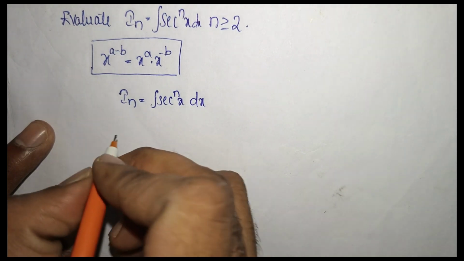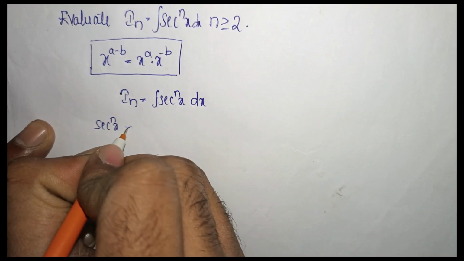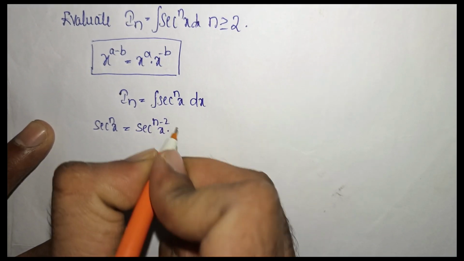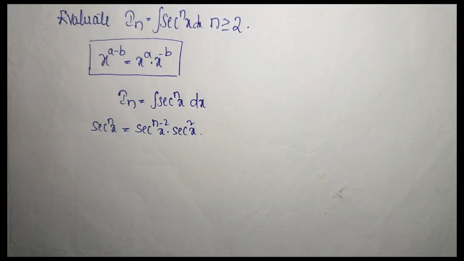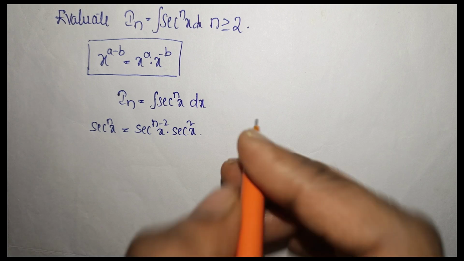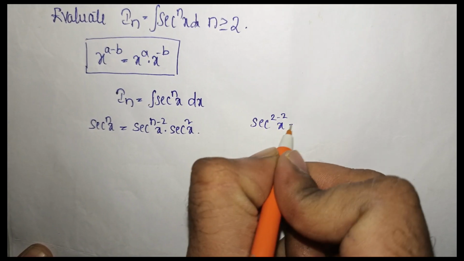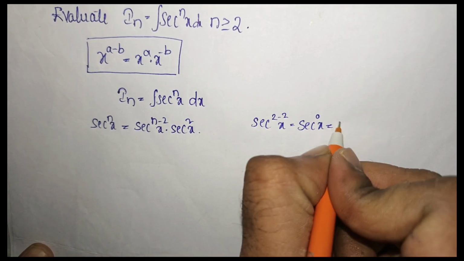So secant to the power of n x can be written as secant to the power of n minus 2 x into secant square x. In short, what we are doing is adding and subtracting powers, since secant to the power of 2 minus 2 x is secant to the power of 0 x, which is nothing but 1.